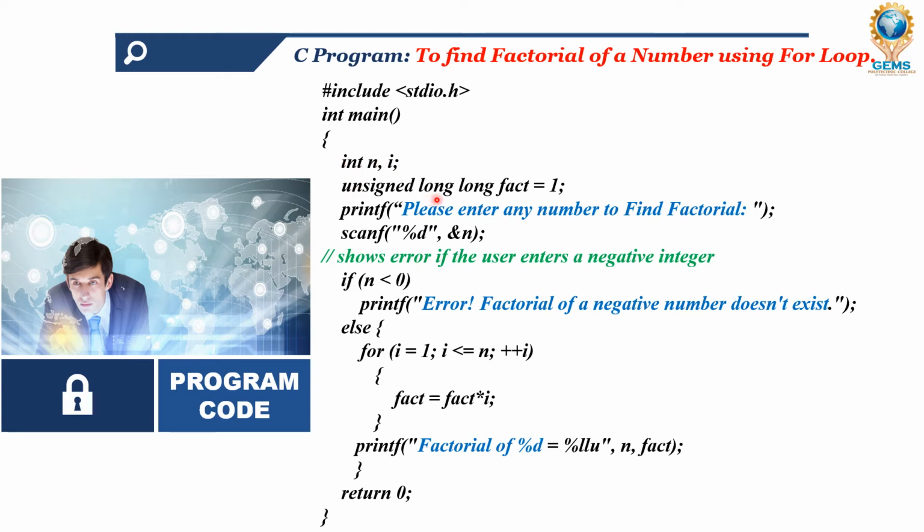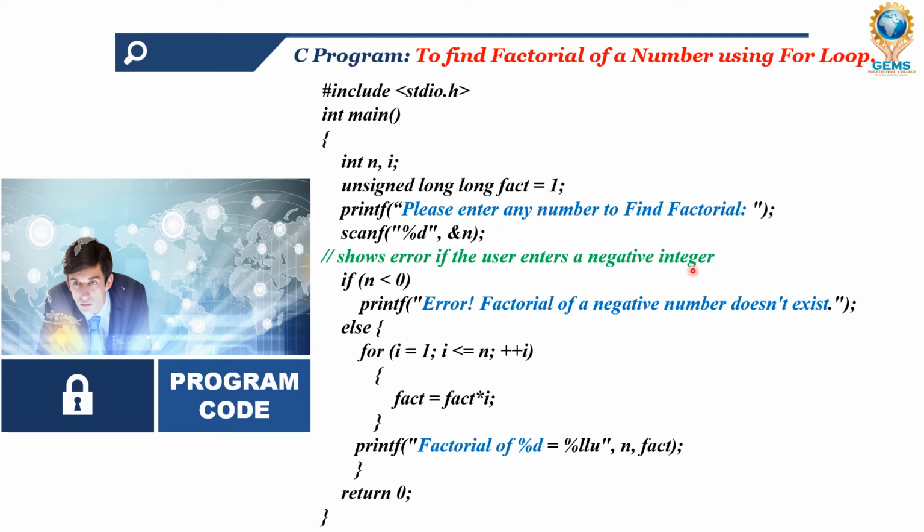Again unsigned long fact equal to 1. Unsigned long is a data type. Fact is our variable equal to 1, which I already explained to you. I put the initial value of fact equal to 1 and the initial value of i equal to 1.